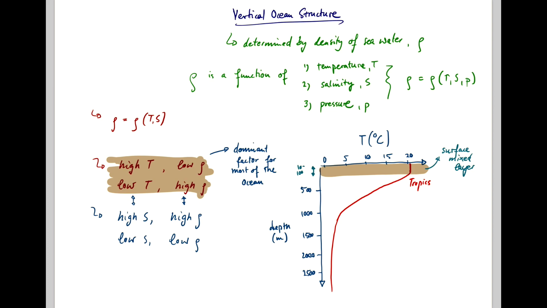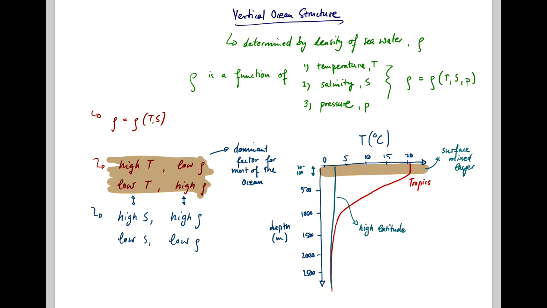And so the temperature profile looks much more like something like this. High latitude temperature profile. And when we later talk about salinity, you can imagine that since the temperature barely changes, if you have changes in salinity now, that can impact the density.